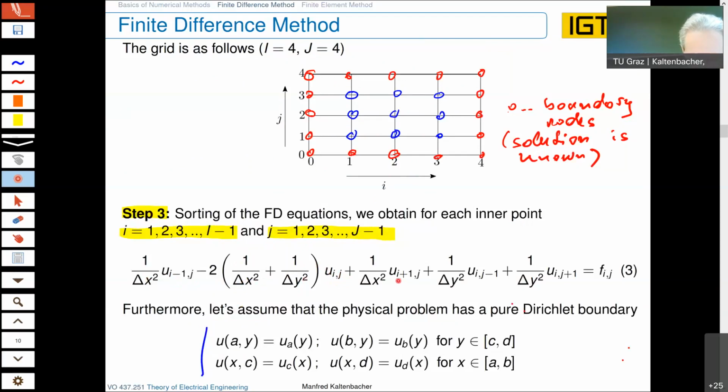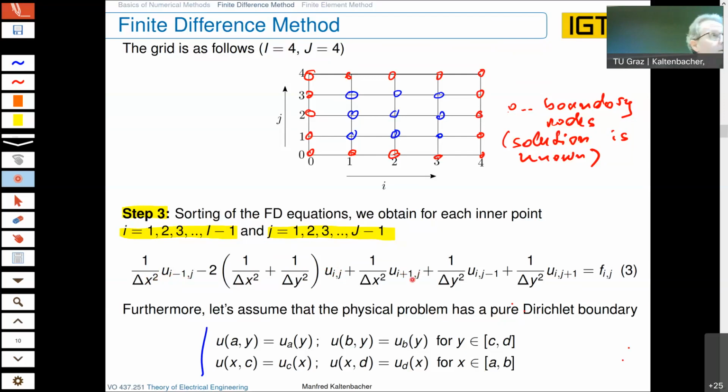We have a term u i plus 1, j, and the term u i, j minus 1, and the term u i, j plus 1. So the central term is ij, and we have terms in the x direction which are on the left and on the right.